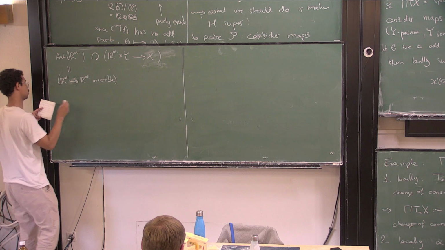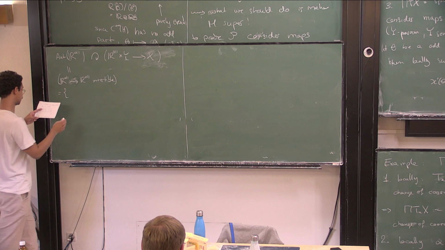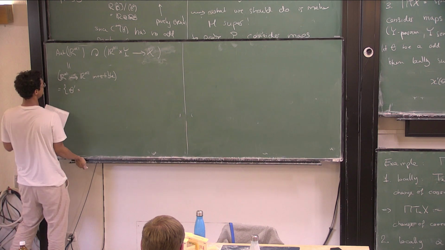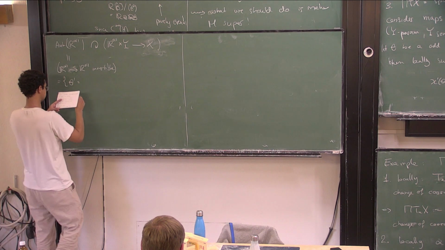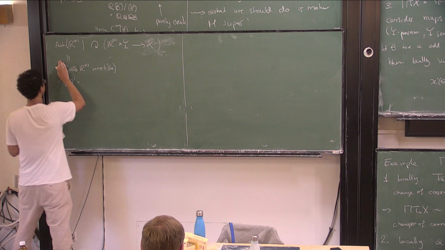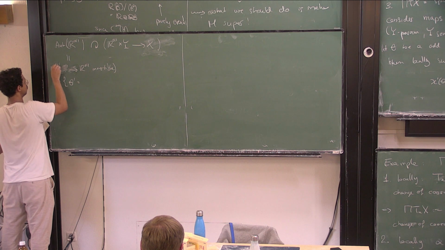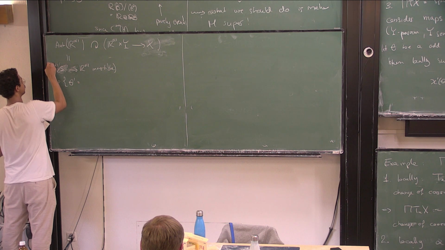How do they look? You would like to map the odd coordinate theta to some new coordinate theta dash. Let me actually consider parametrized maps, because I always consider parametrized maps.